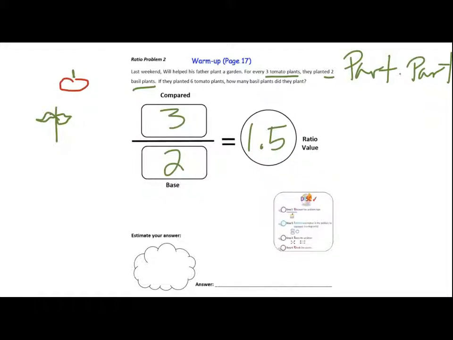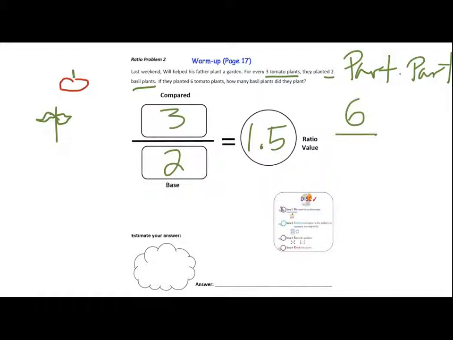Let's see. Okay. So we need to have a ratio value of 1.5 with 6 tomato plants, and we don't know how many basil plants there are. Now you could use what we did last time and figure out how to multiply by a common number to figure out what it would be.